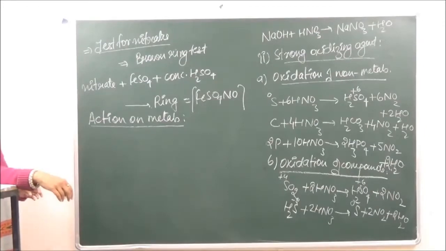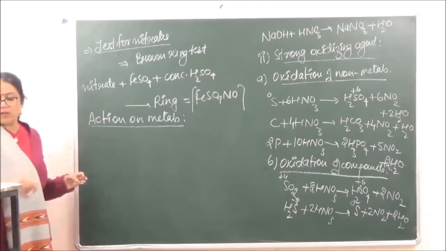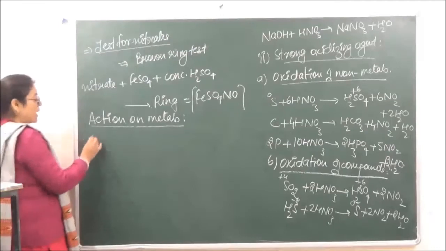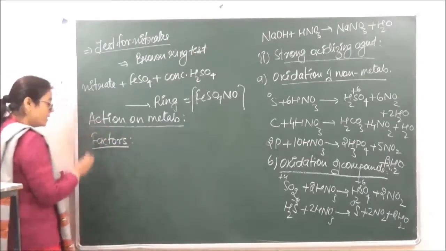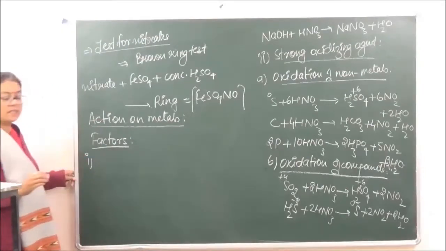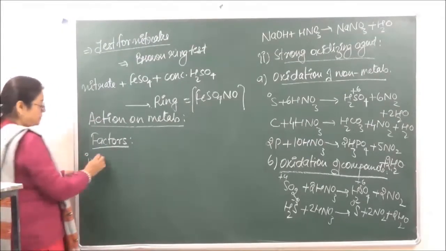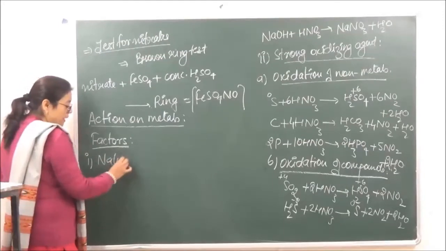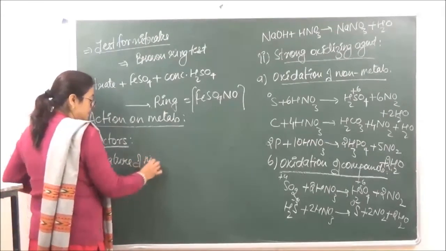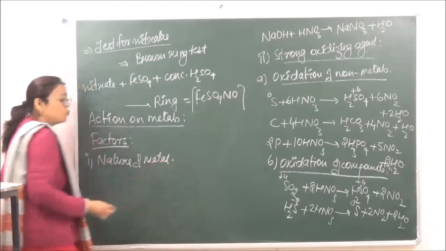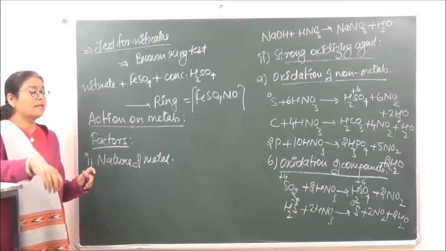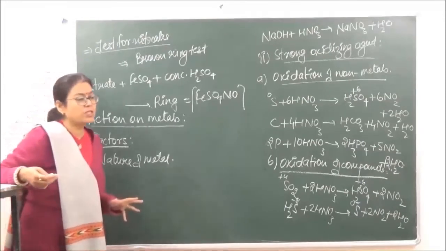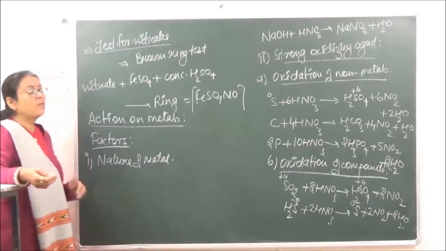When we are talking of metals, the progress of reaction is controlled by a lot of factors. What are these factors which are going to affect these reactions? Number 1, nature of metal. We have 2 types of metals over here. One which are reactive metals, that is they are above hydrogen in the electrochemical series, or they are more reactive.